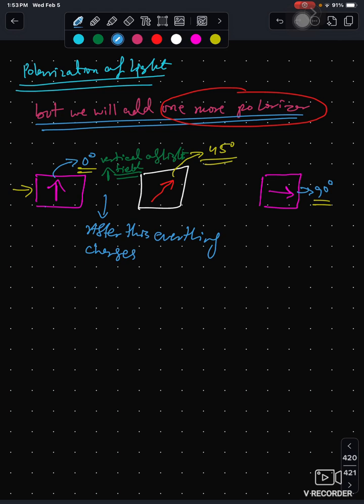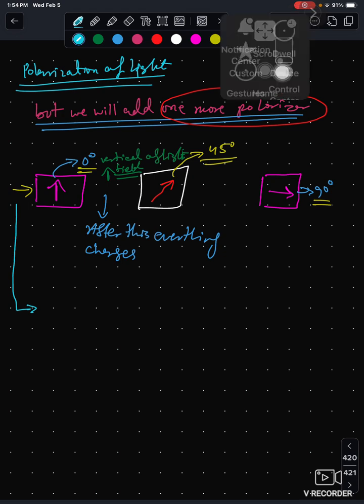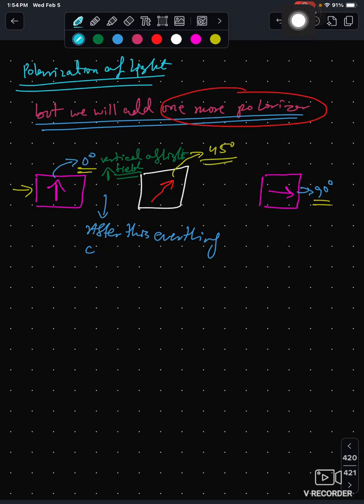Now, first of all, let me write something over here. Here we had R. What is the state of light here? Vertical, right? Now, what do I mean by state of light?